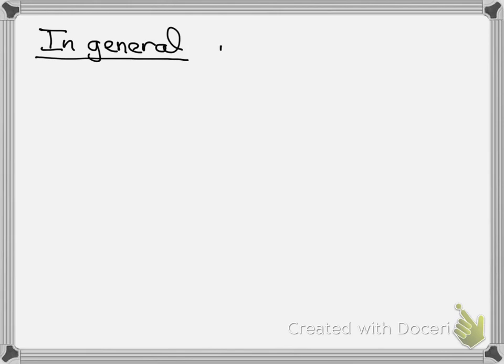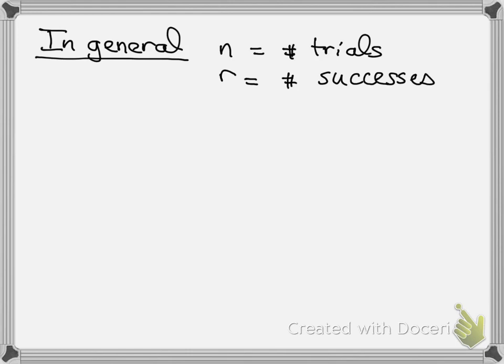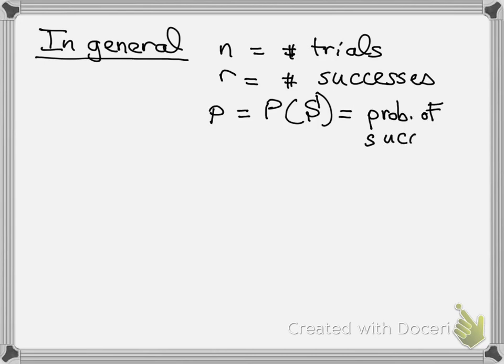Let's say n is the number of trials, R is the number of successes, P is the probability of success, and Q is the probability of failure.